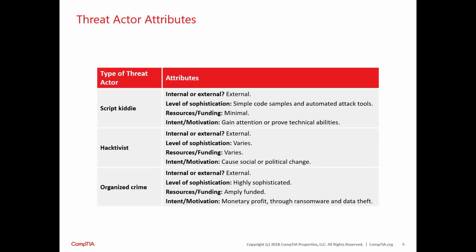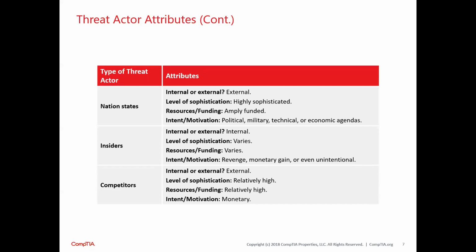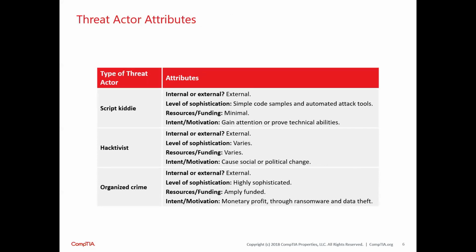Other than that, we have organized crime, nation states, and insiders. Just another example: the level of sophistication for organized crime is normally very high.